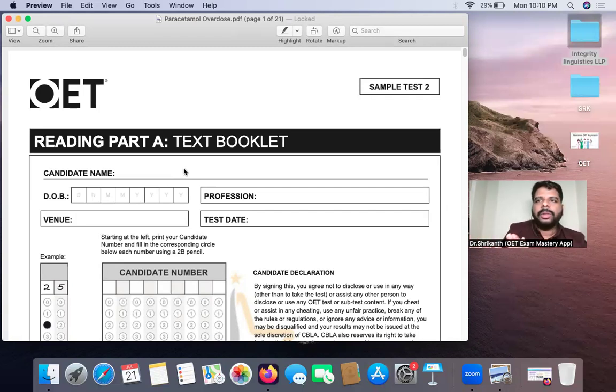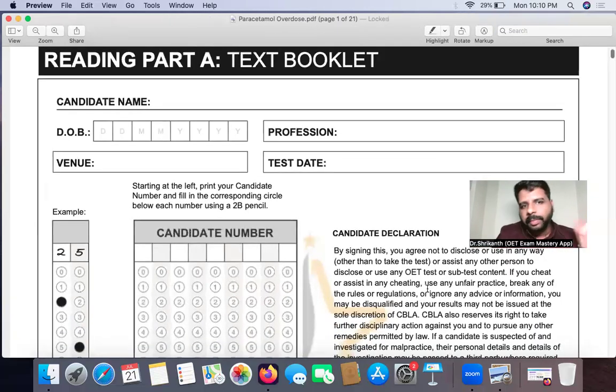Now, many students simply develop their language skills. They study a lot of English grammar and a lot of English vocabulary. They focus only on the language aspect while they completely ignore the fact that OET is a game of skills, and they are not developing the skills through strategic practice. If you want fake OET materials, it is very easy.